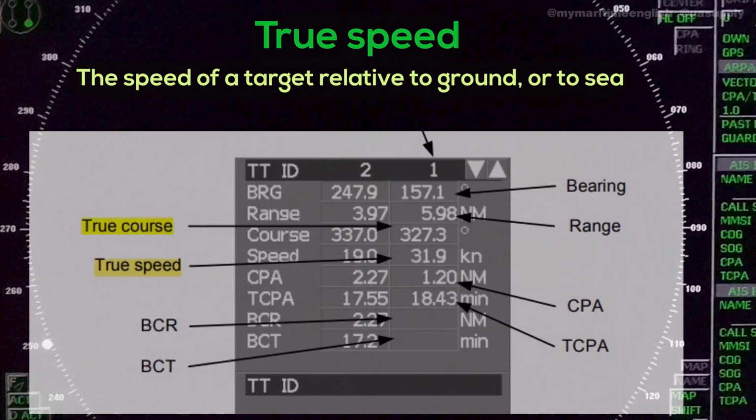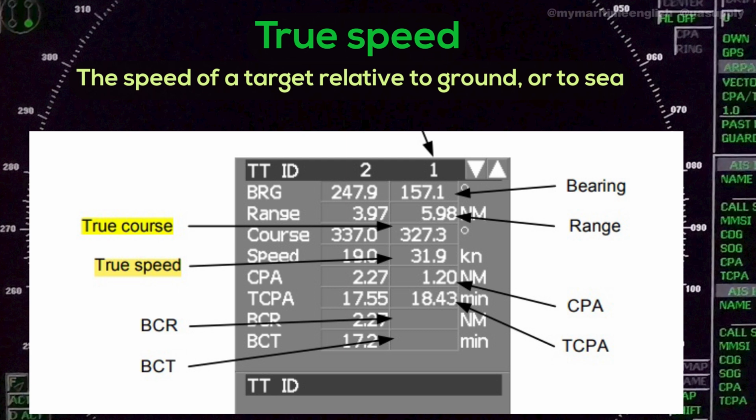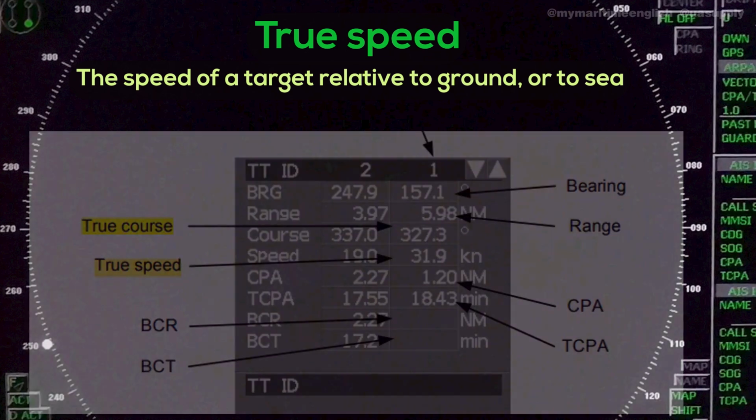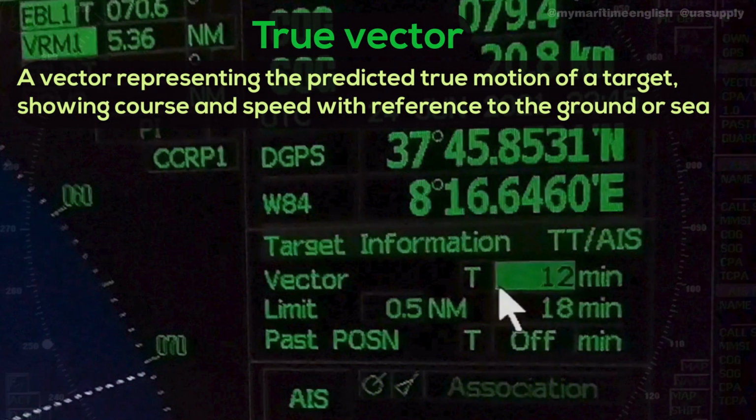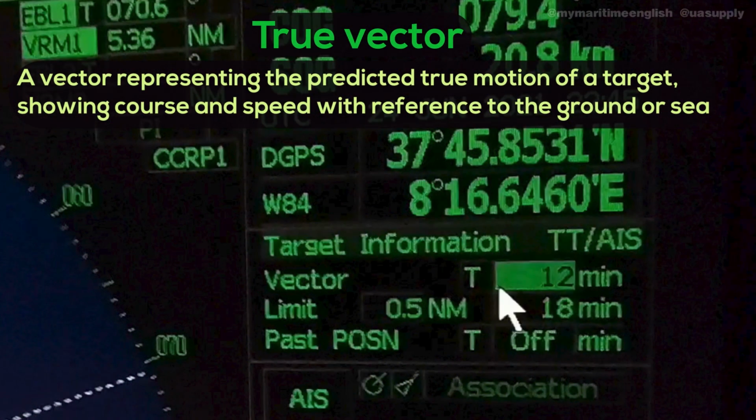The speed of a target relative to ground or to sea. True vector. A vector representing the predicted true motion of a target, showing course and speed with reference to the ground or sea.